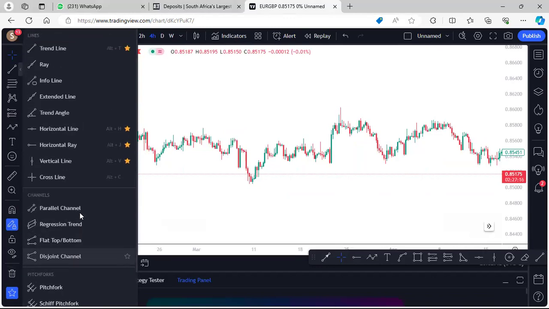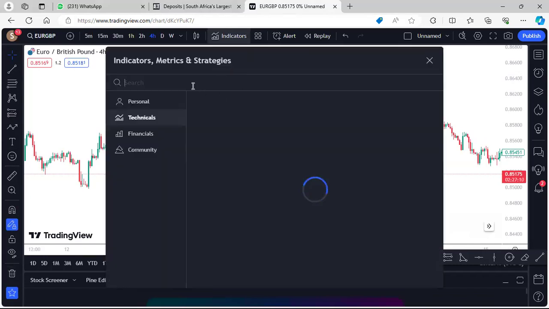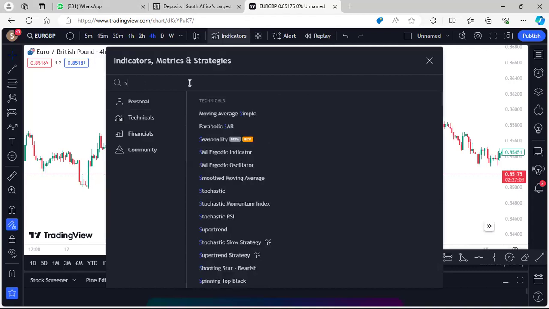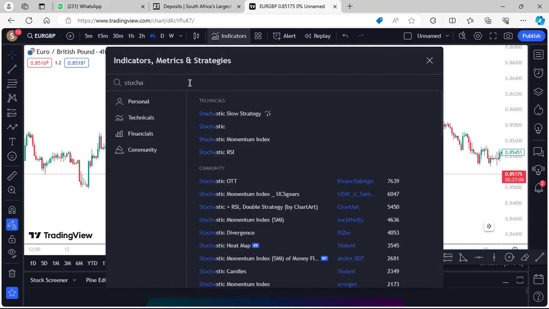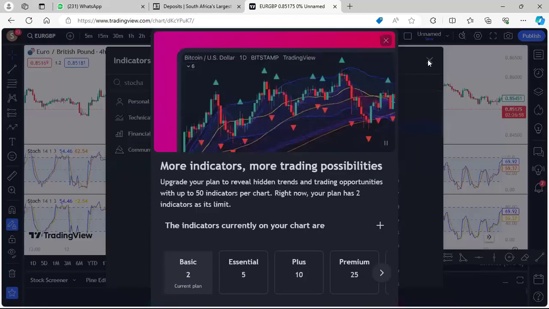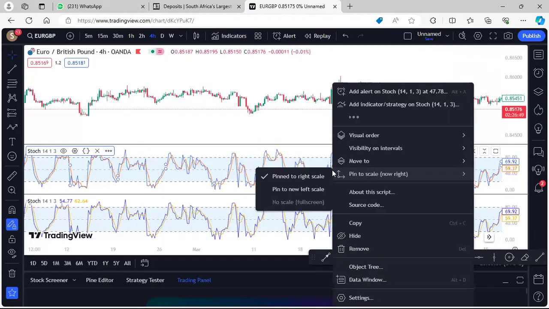Like for now, I'm looking for a stochastic indicator, or you can also come here in the indicators list and search for stochastic. We can select it, but we don't want two, we only want one.